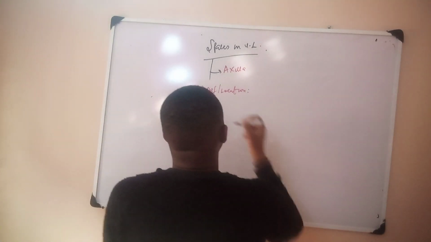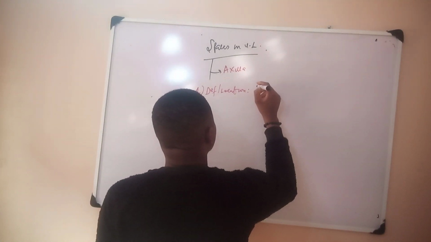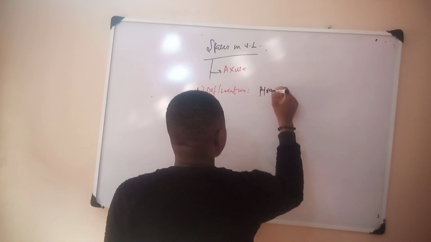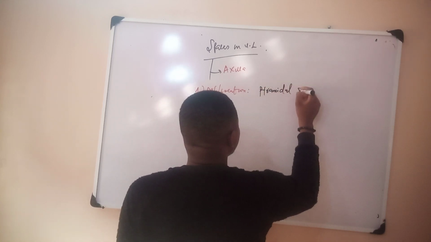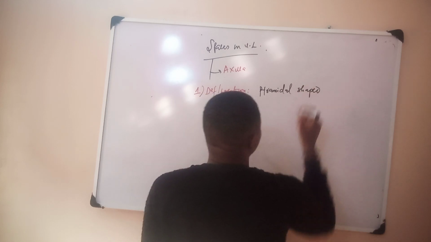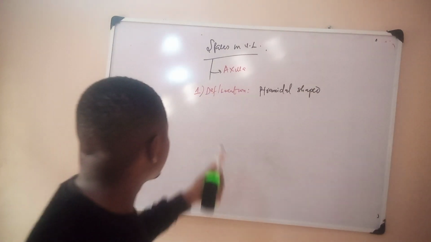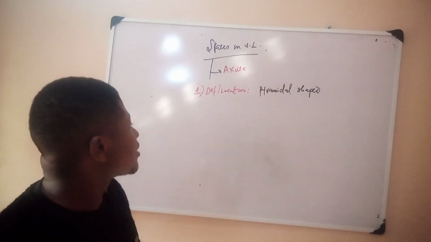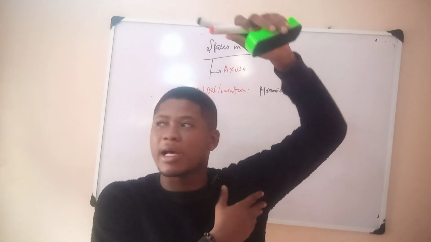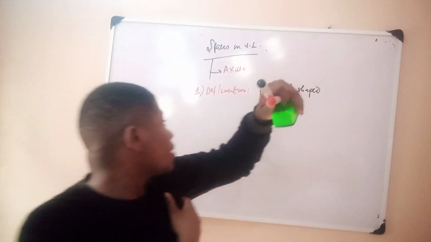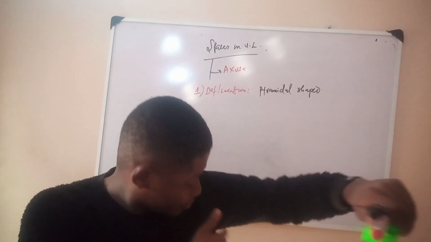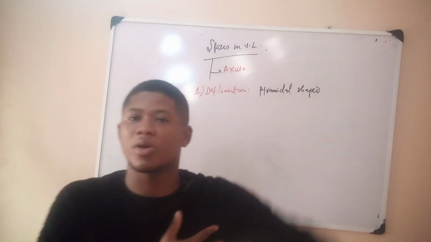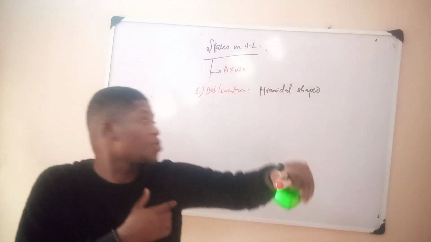For the definition, we say that the shape of the axilla is a pyramid. So the axilla is a pyramidal shaped space. Then locate. Look at the axilla, the armpit. It is a pyramidal shaped space located between the upper part of the arm and the anterior chest wall.